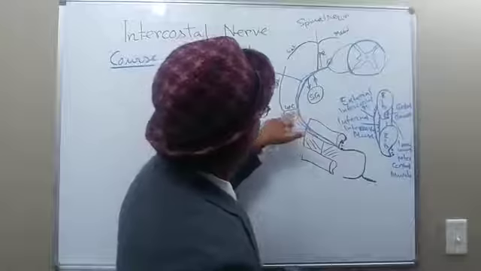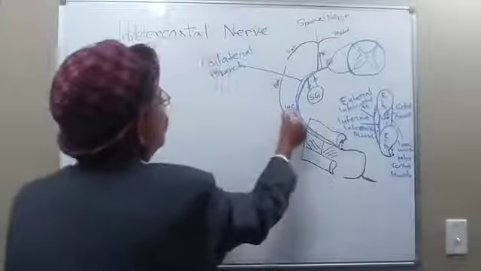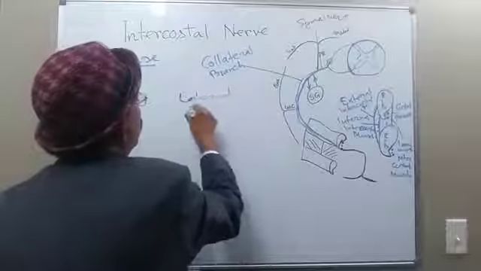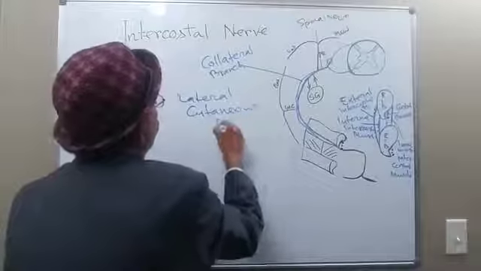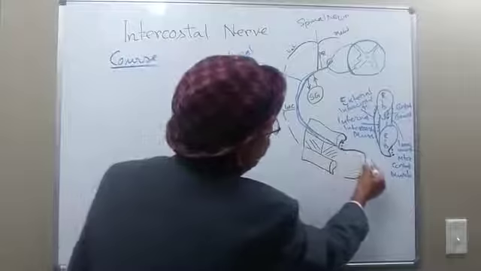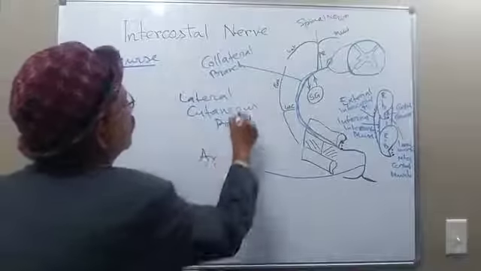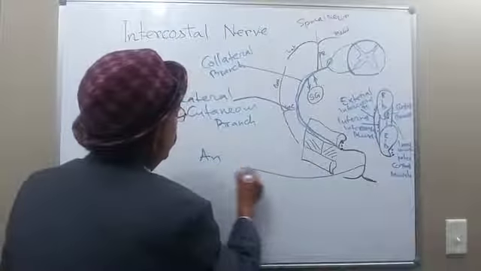The lateral cutaneous branch is here. Here is the anterior cutaneous branch.